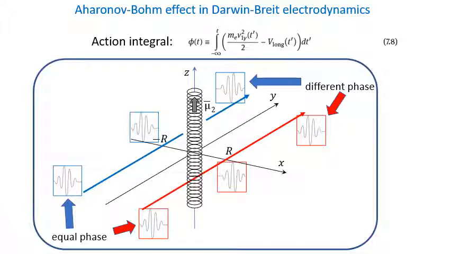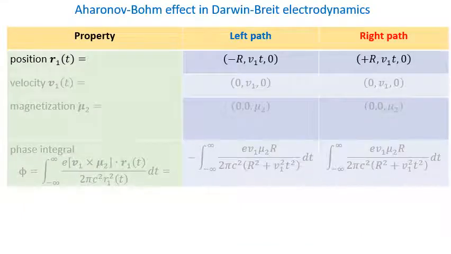For the shape of the interference picture, only the phase difference is important. Therefore, in the action integral, we can omit the kinetic energy contribution because it is the same for the two paths. Here are some details on how this integral is calculated.